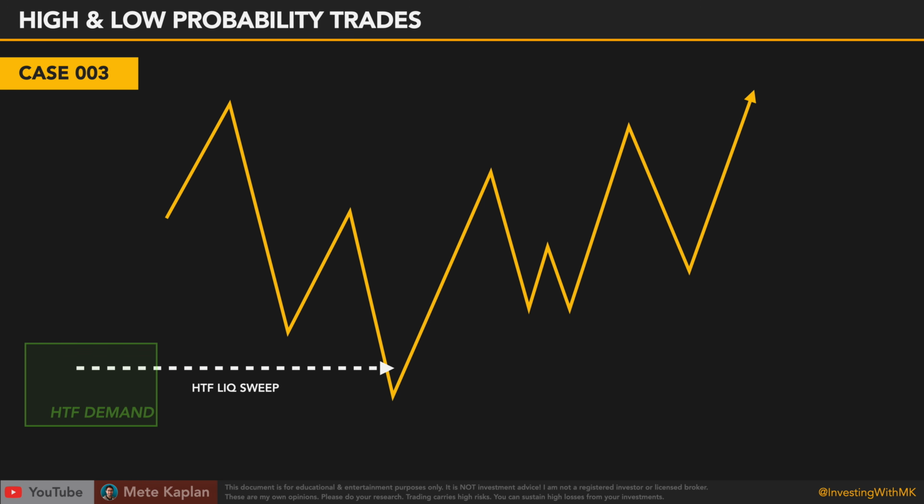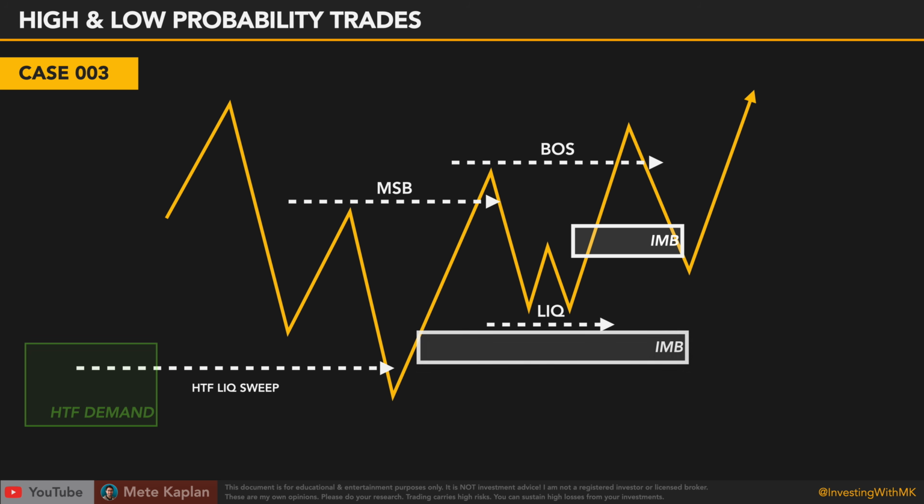Let's see another case that is very similar to the previous case. Now the structure makes a strong break and right after that creates a break of structure. Ideal conditions to look for a long trade, right? However, once I see an equal low with an imbalance below, this creates a natural huntable low area below.